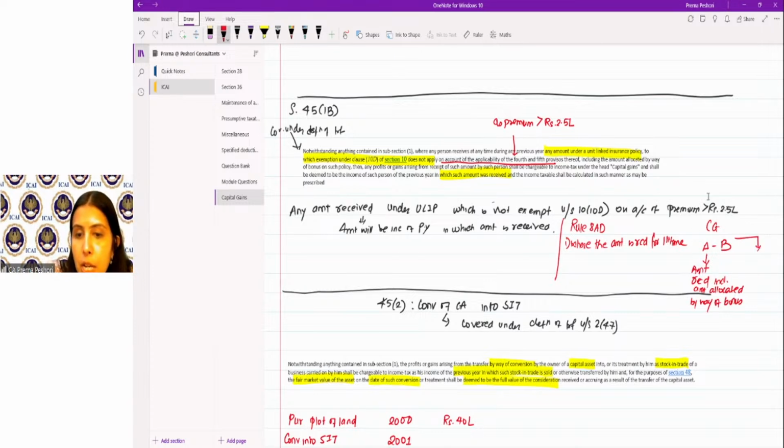B is the premium paid during the term of the ULIP, the total premium paid till the date of receipt of the amount, right?